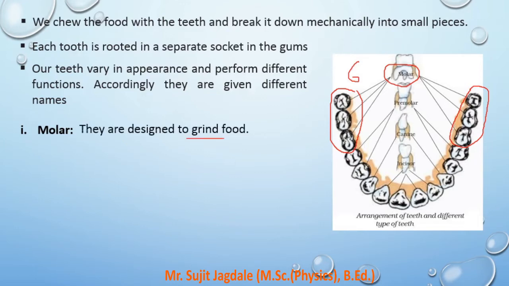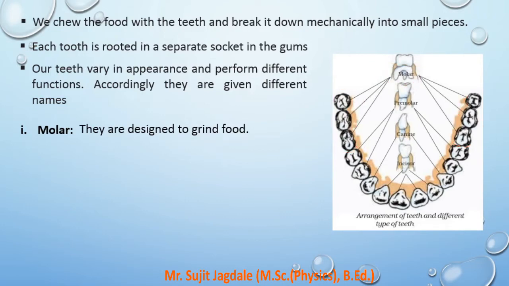Now what is their basic function? They are designed to grind the food, that means grinding purpose. They break it into small pieces, that is their basic function. So molar teeth are 12 in number.